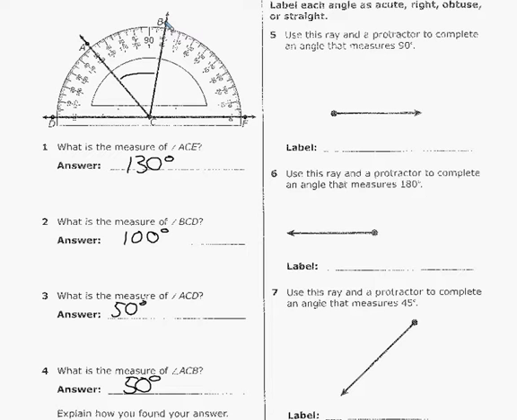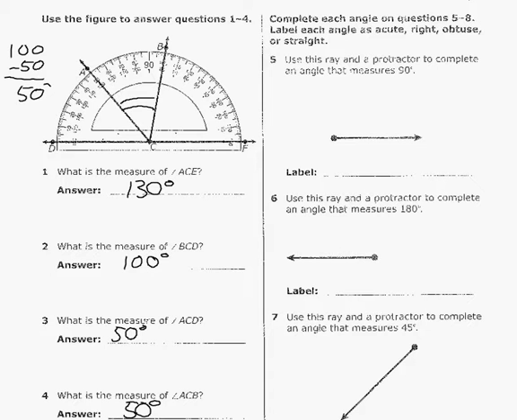So I could just use those two numbers. I could take 100 and subtract 50 from that, and that'll tell me what the measurement of this angle is right here. But you're going to see some questions like that on the unit test, to where your rays may not actually line up with the 0 line on our protractor, and you still have to do calculations to figure out what the measurement of that angle is. Okay.